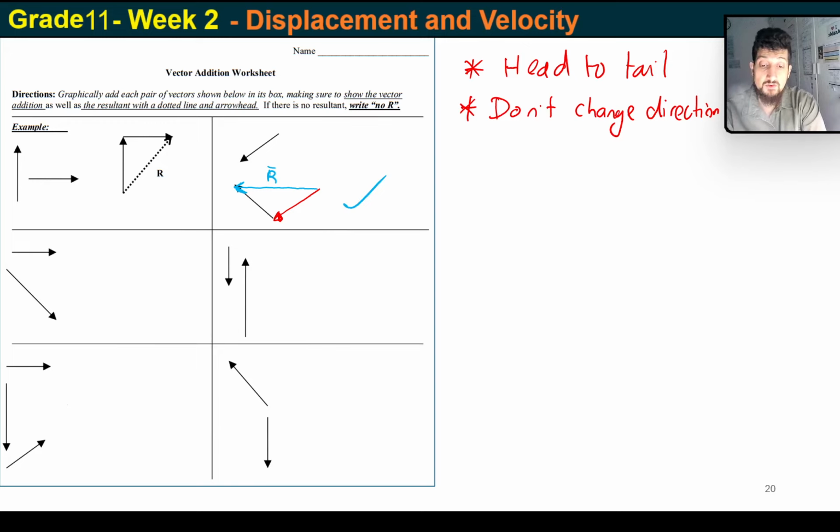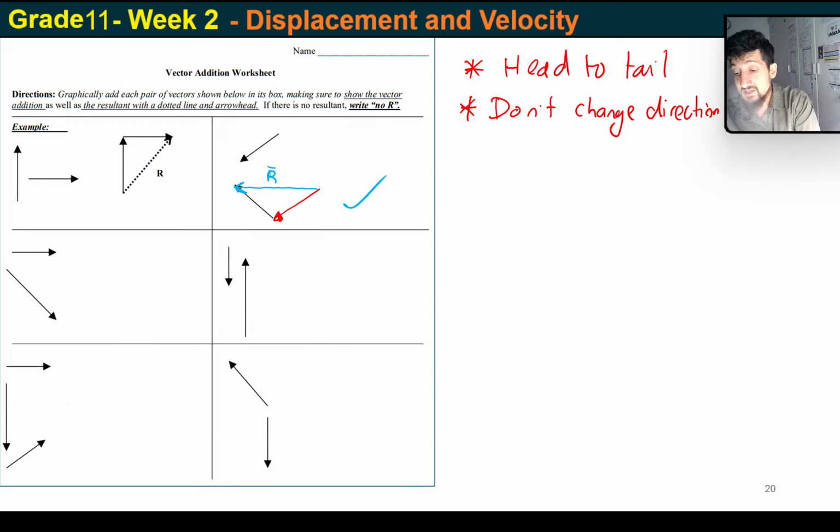Okay, so go ahead and try and do the rest of those. They're not too tricky. So what about this one here? Remember, displacement is the shortest distance between 2 points. So this person here might have gone backwards for a bit and then moved forward a bit more.